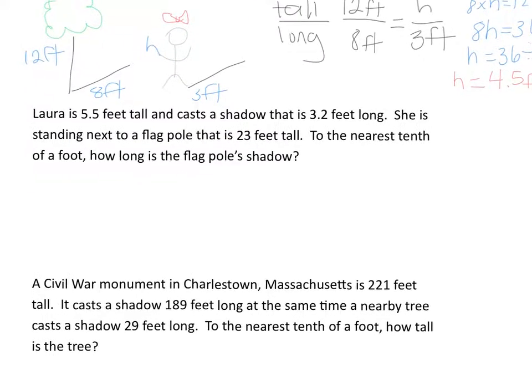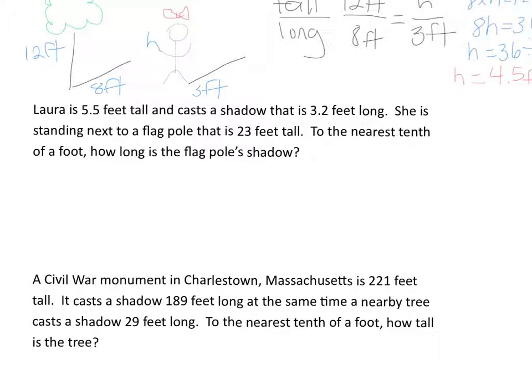For the second one, Laura is 5.5 feet tall. So here she is, since it's a girl. And she casts a shadow that is 3.2 feet long. Oh, I forgot her height. 3.2. Okay, she's standing next to a flagpole.